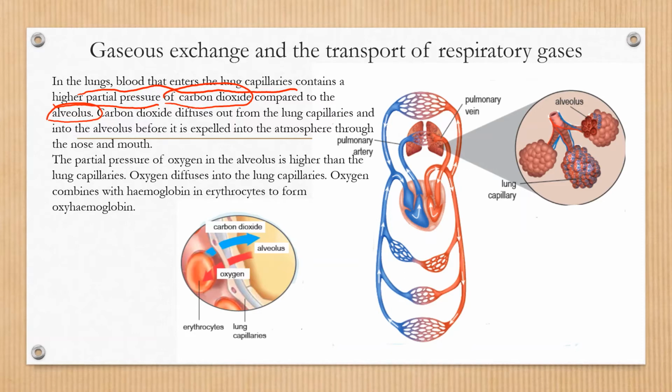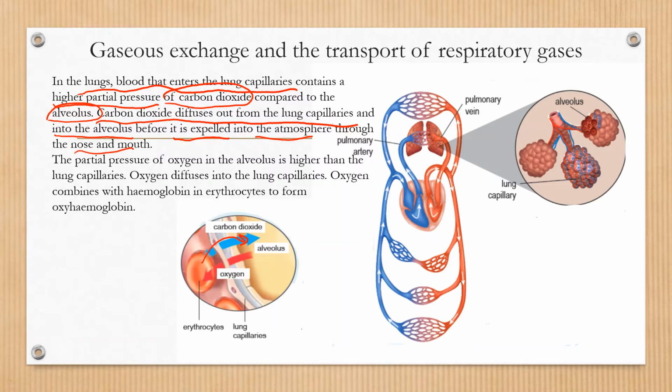That is why carbon dioxide diffuses out from the lung capillary into the alveolus. This one I have explained in the slide before. When carbon dioxide enters the alveolus, it will then be expelled into the atmosphere through our nose and mouth.